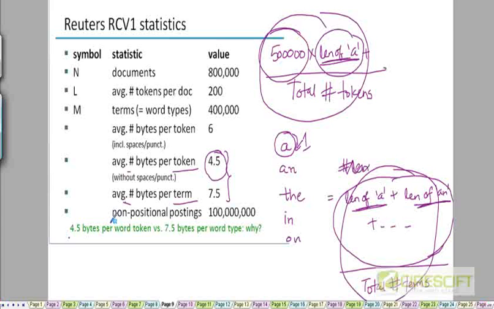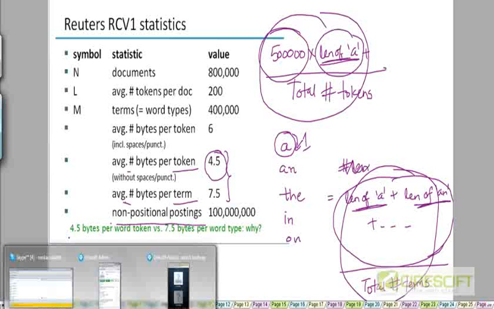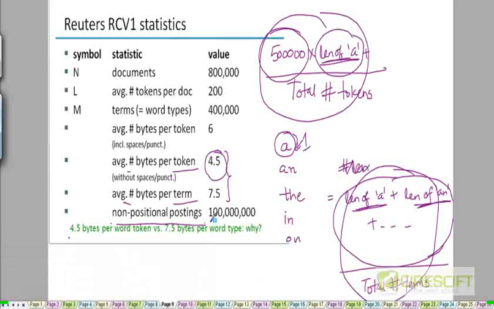We are also going to work with non-positional postings in this chapter, which means we are not going to keep track of positions of terms within documents. It turns out that the number of non-positional postings for this particular corpus is about 100 million. So this is basically the number of normalized tokens that are going to be indexed, right?